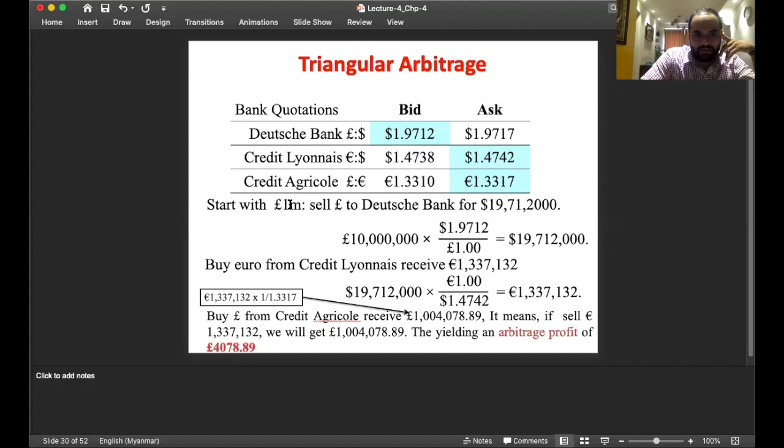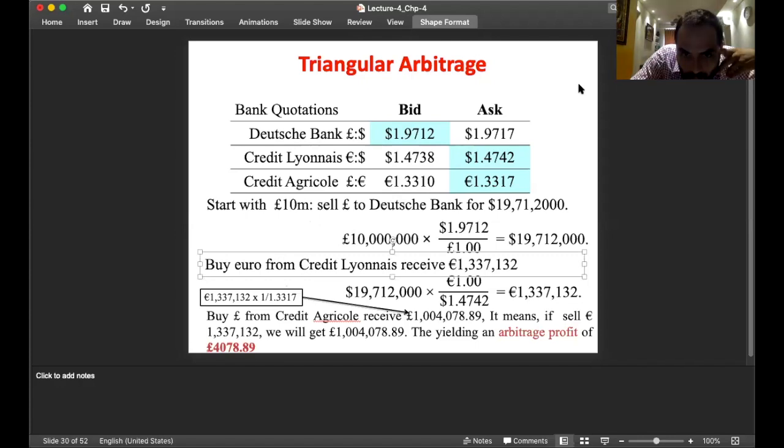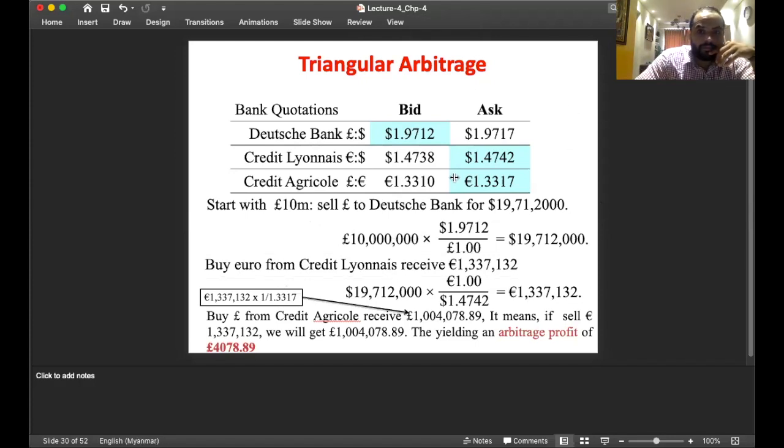I think it's 1 million. Anyway, we will see later. Okay, so start with 10 million, sell pounds by buying USD. So we are buying USD, simply using the buying rate.